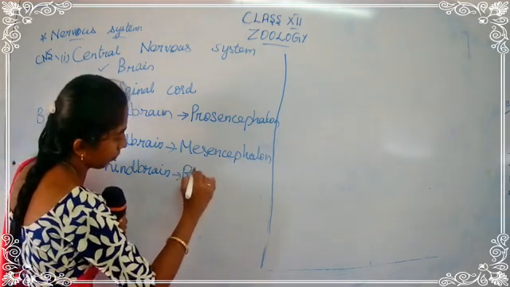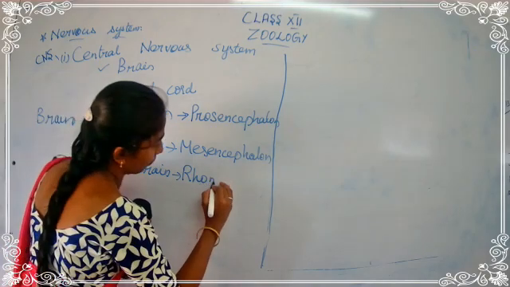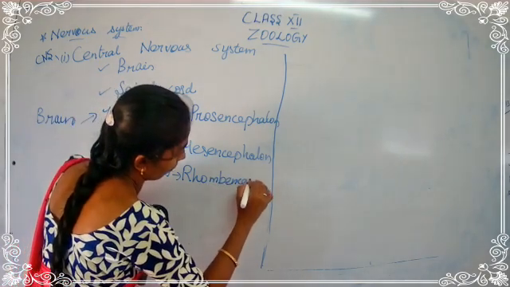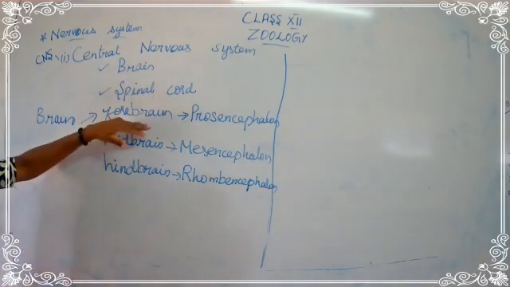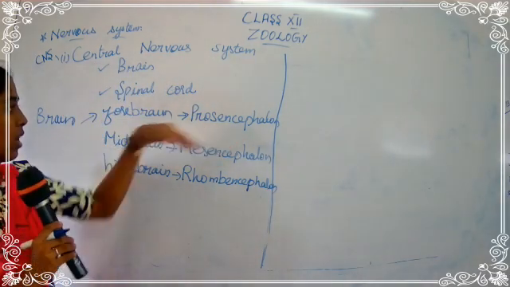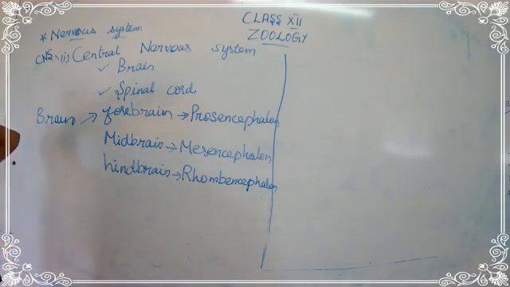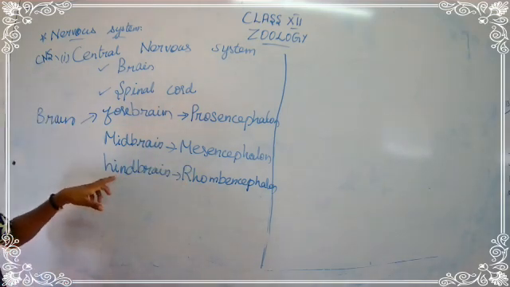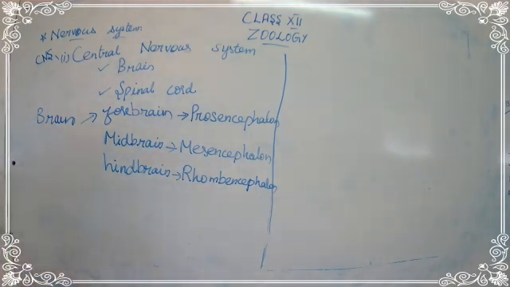So the forebrain is otherwise called prosencephalon, the midbrain is otherwise called mesencephalon, and the hindbrain is otherwise called rhombencephalon. Okay, so these are the other names of the brain parts.